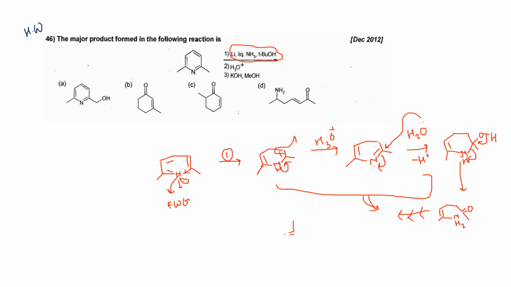We'll get a diketone. Now see, at the third step they have again added KOH methanol. Whenever you see KOH methanol and a diketone system is there, what will you try for? Obviously aldol condensation.